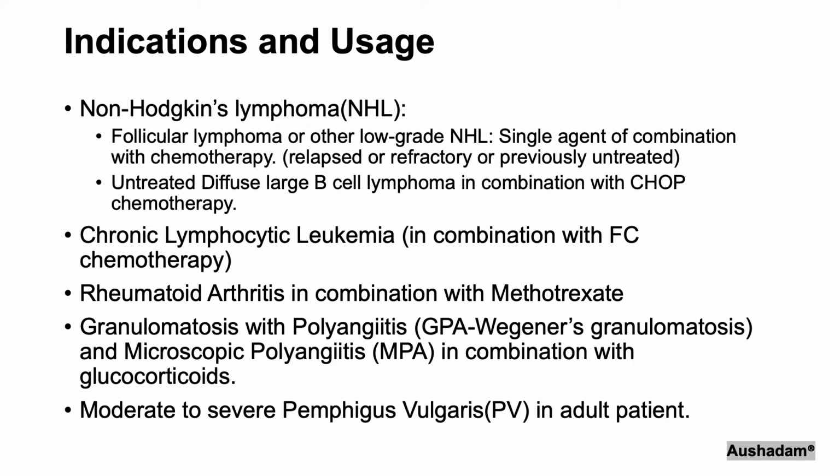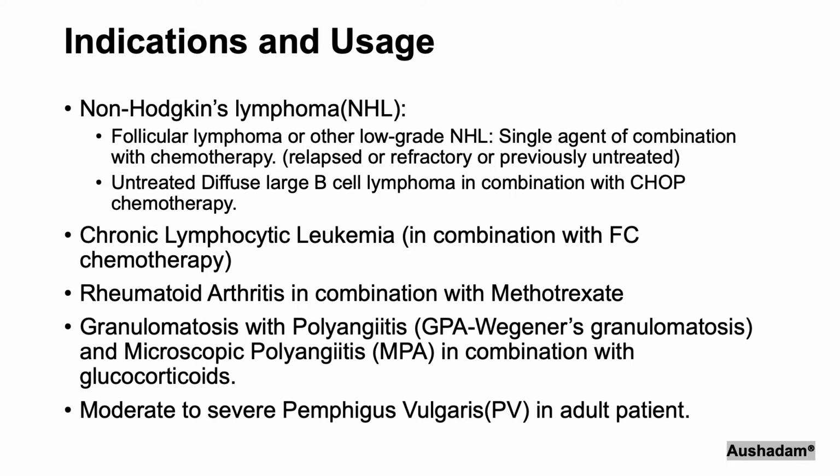So these are the labeled indications for rituximab, including non-Hodgkin's lymphoma, like low-grade B-cell non-Hodgkin's lymphoma, like follicular lymphoma, either relapsed or refractory or completely untreated patients, and untreated diffuse large B-cell lymphoma in combination with CHOP chemotherapy, and chronic lymphocytic leukemia in combination with FC chemotherapy, which means fludarabine and cyclophosphamide.